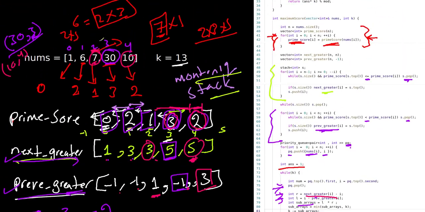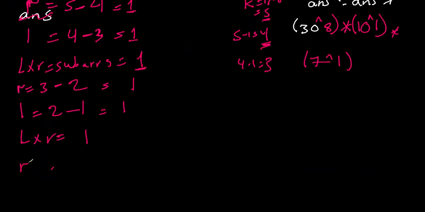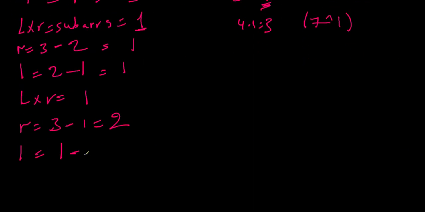The next value is 6, which is at index 1. The next greater element at index 1 is 3. That means R equal 3 minus 1 equal 2. L equal 1 minus the previous greater element at index 1, which is minus 1. 1 minus minus 1 equal 2. So L multiplied by R equal 4.